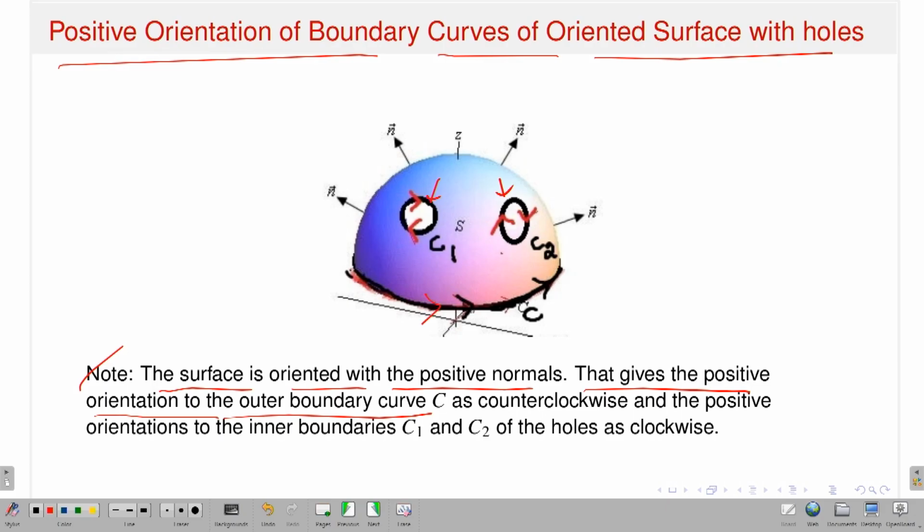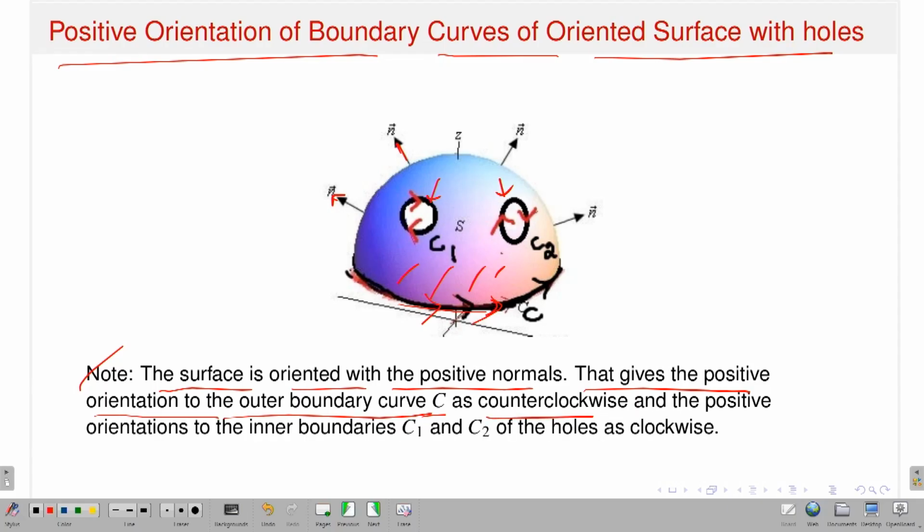Now look, this is the boundary curve C. This is positively oriented. If I move along in this direction, I will have the surface on the left hand side. So the given orientation of my surface induces a positive orientation on my curve C if I move along the curve in the anti-clockwise or counterclockwise direction.